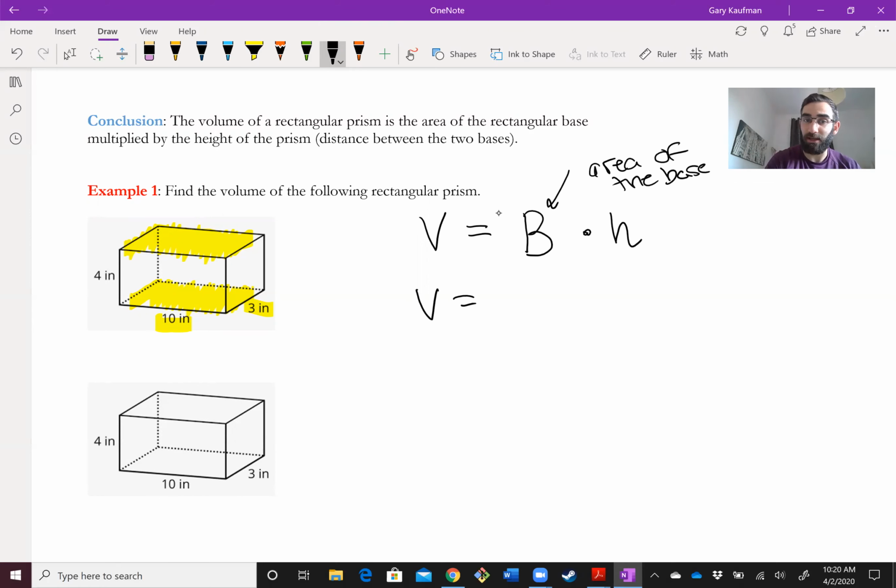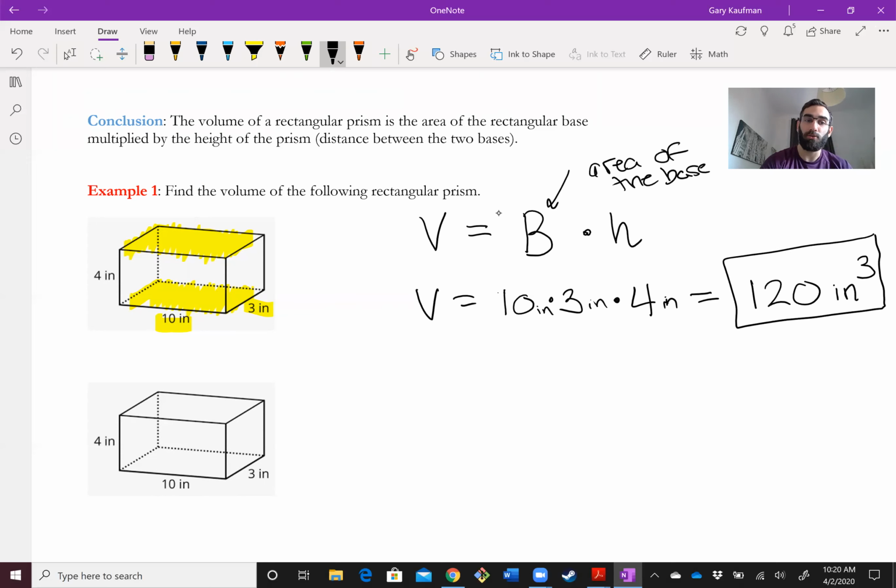Well, since it's a rectangle, it's length times width. Then our height is 4, so 10 times 3 times 4. This is 120. Now remember, we had inches, inches, inches. So it's inches cubed. So volume is inches cubed.